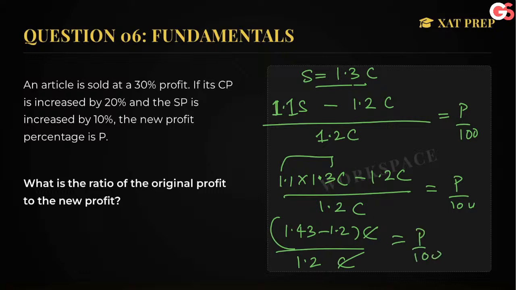You can calculate that this way, right? So what do I get? 0.23 upon 1.2 into 100 is the value of P. Clear? So what do I get here? Are you comfortable now with this? Slightly less than 20% is what we get. Okay.